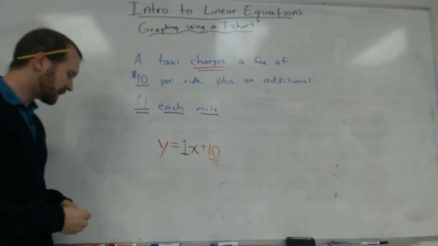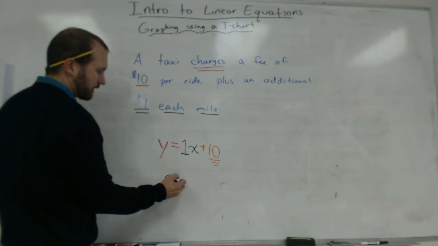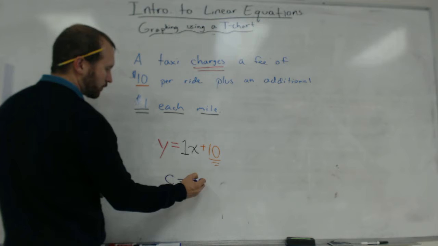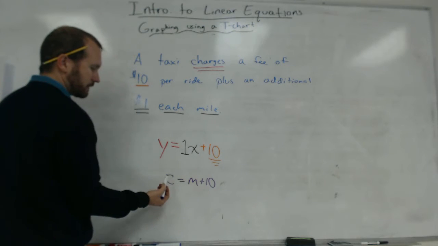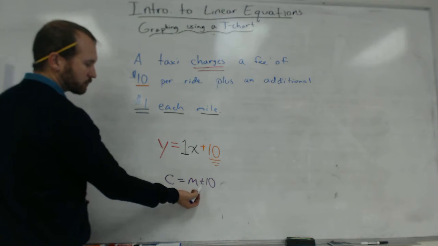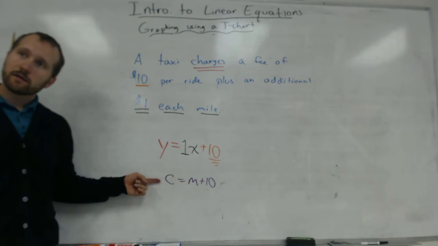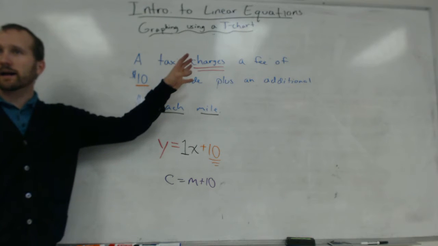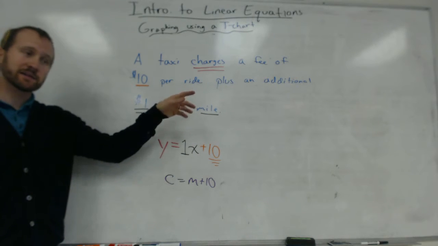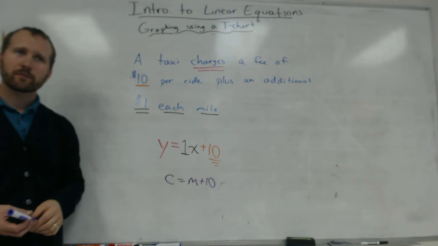Now I could have written this differently, right? I could have written something like C equals m plus 10. C being the charge equals the number of miles plus 10. And then if I graphed that, I would just have a y-axis that was actually a c-axis and an x-axis that was actually an m-axis.